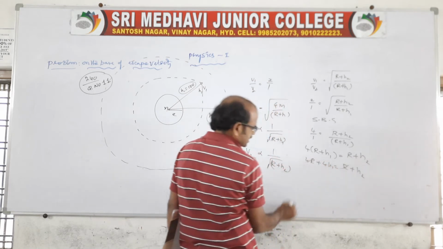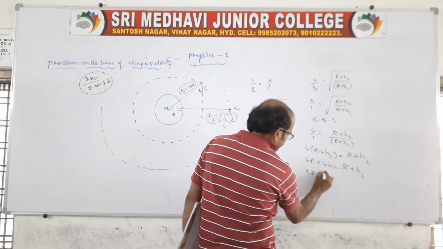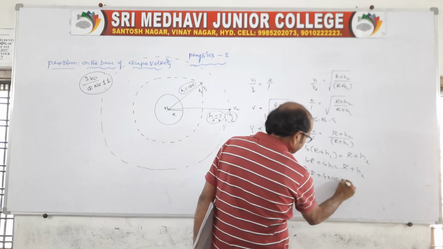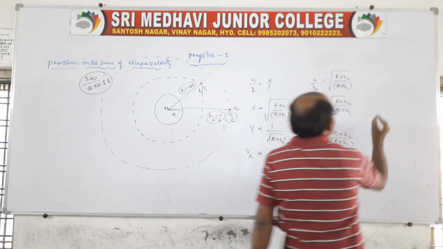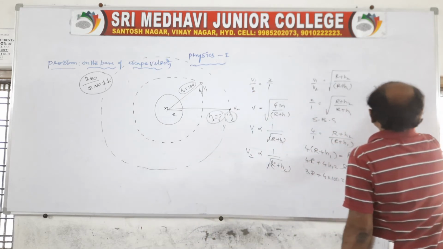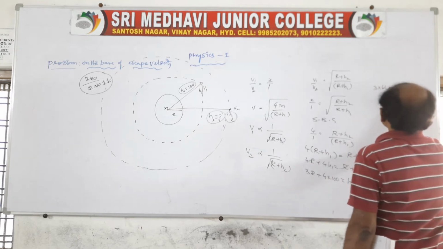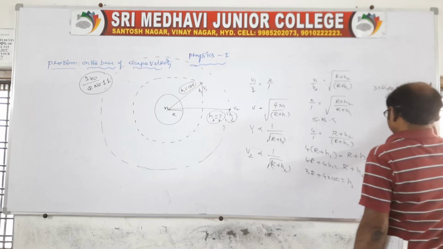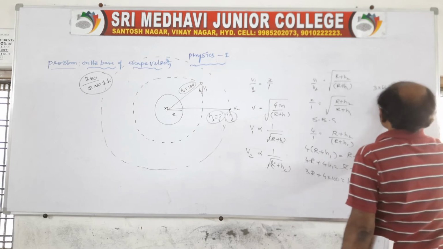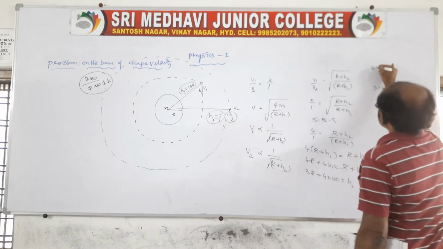Of course one R is cancelled: 3R plus 4 into H1, which is given as 100, equals H2. So 3 into 6400, it is given in kilometers, so that you take 400, it is equal to H2. 6400, no? 64 into 3.